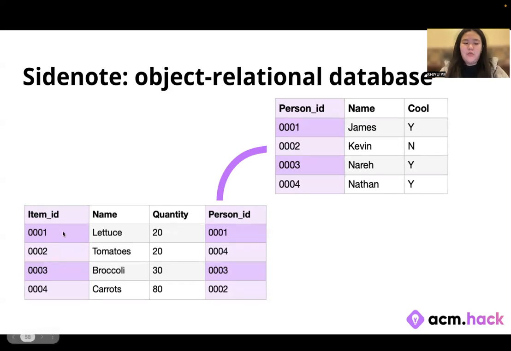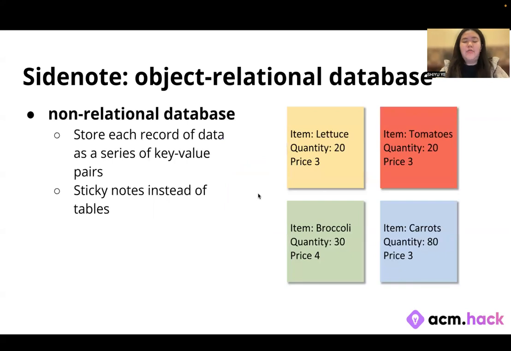And another table is likely a grocery list that has a bunch of items. Each item has its own name, quantity, and a person ID. It is likely that whoever that person is, they need to get that grocery, like they need to actually buy that grocery. So these tables are related to each other through this common field called person ID. So that was the visualization of a relational database.